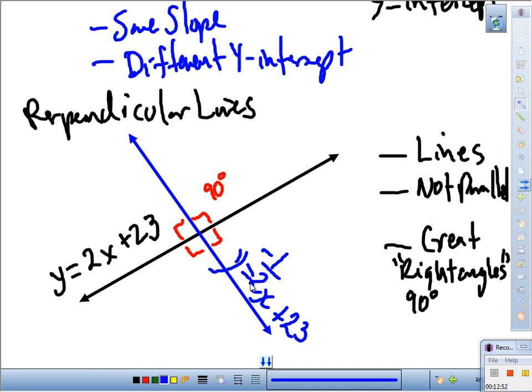So, before we move on, your neighbors probably forgot about something, but this is correct. Talk to the neighbor, let them know what makes these two perpendicular. What in particular makes them perpendicular? All right.